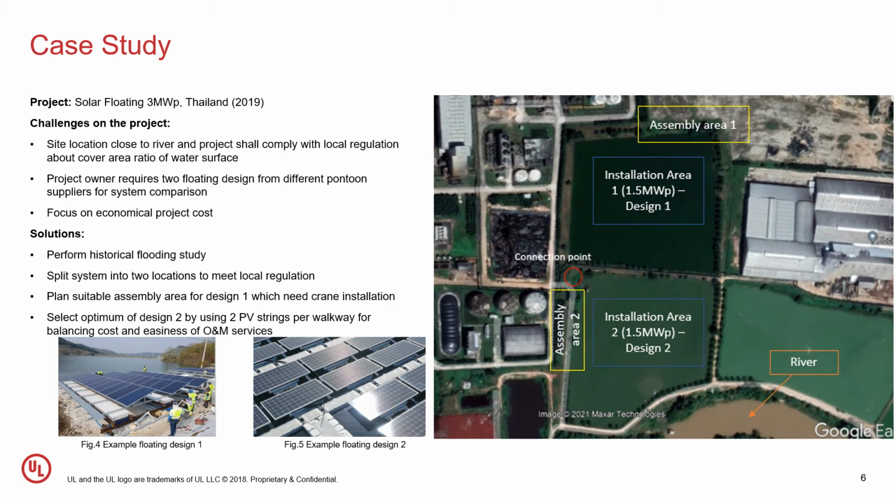And here is a case study in Thailand, and we will see on this slide how all the parameters and assessments we have gone through in the previous two to three slides apply to the real project. The challenges on the project are that the site location is close to the river, which you can see on the bottom right, and the local regulation specifies the cover area ratio of the water surface not to exceed 50 to 70%.